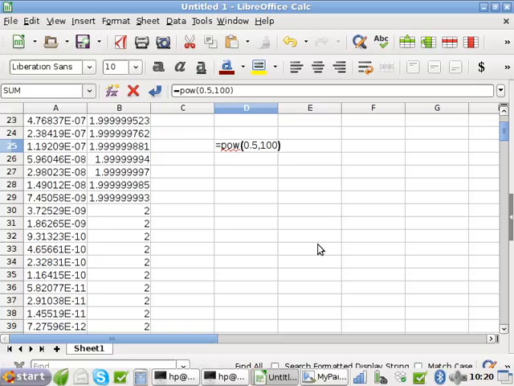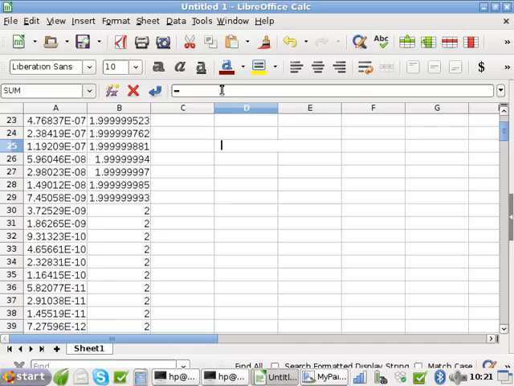So if I have 0.5 power 100, now this number is tiny. This means 31 zeros, 0.000031 times. And if I just make the power bigger, it's going to make it smaller and smaller. So if you have power infinity, it looks like it makes it 0.